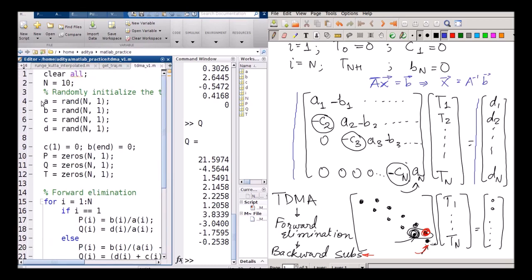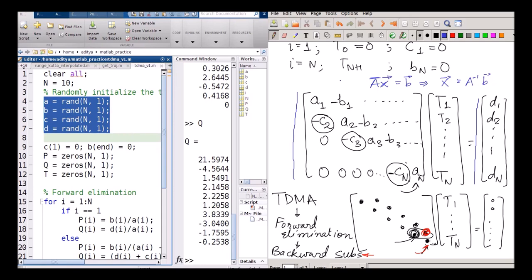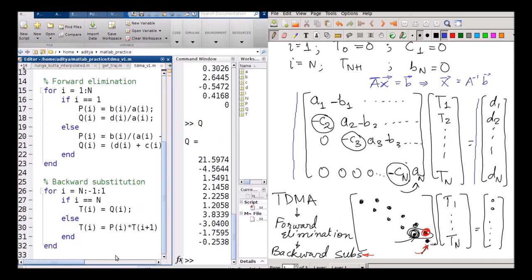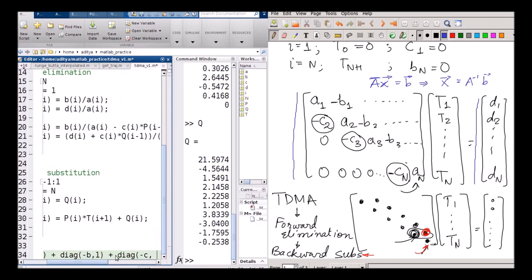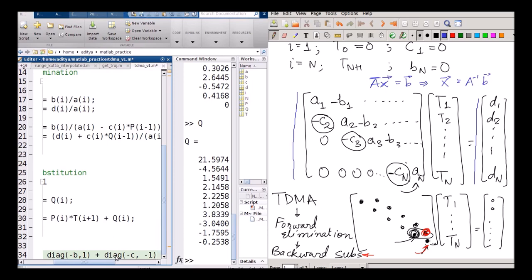So let us define how we will. Because we have defined a, b, c and d over here, we can obviously define this system, and because it's a tridiagonal system, we can use the inbuilt command diag to form the matrix capital A. So A is equal to diag of small a plus diag of minus b comma 1, implying at an offset of 1 from the central diagonal, I will input all the elements as minus of b, plus diag of minus c comma minus 1, which is to say from the central diagonal I will offset by minus 1 and then write.